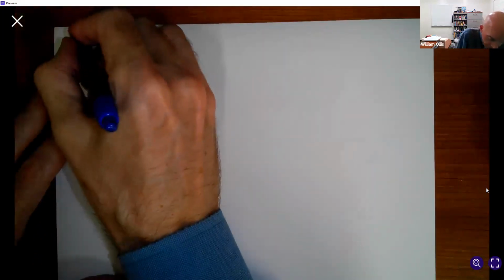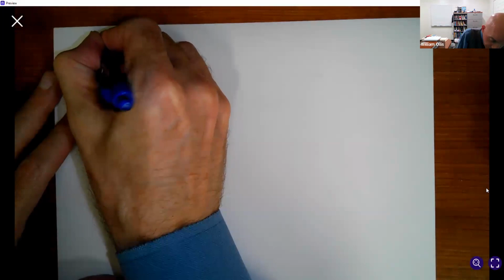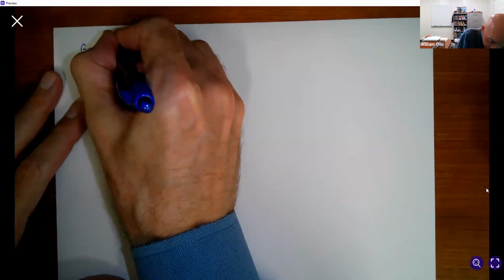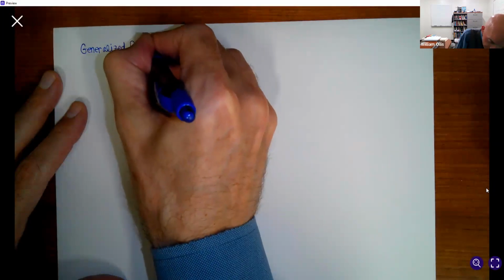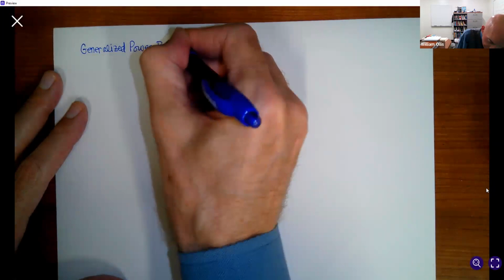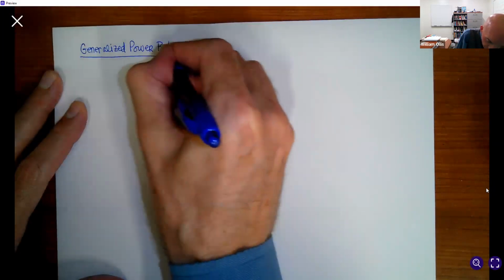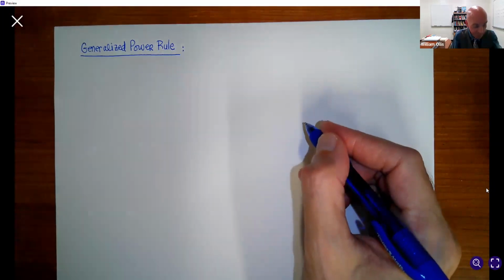Now, just to reiterate, let me write this down, the generalized power rule. And most students like this because it gives you a nice statement of the power rule, but thinking more in terms of a composition.